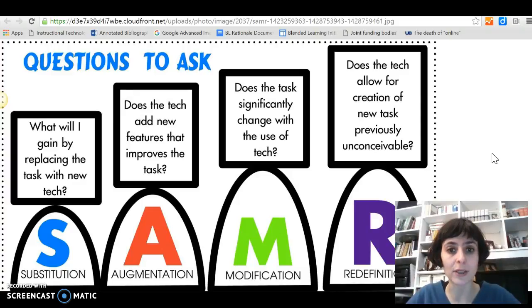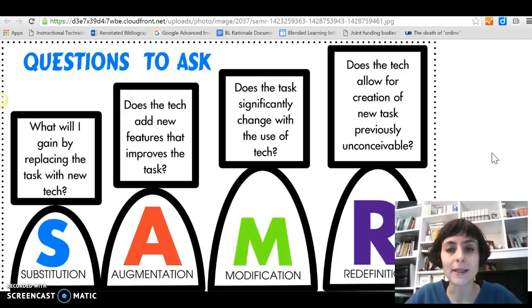our learning outcomes. So what the SAMR model suggests is that the real learning takes place when we have transformation. And we have transformation in the so-called modification and redefinition levels. Regardless of the definition, what's important to think of is that learning takes place when we completely rethink our task.